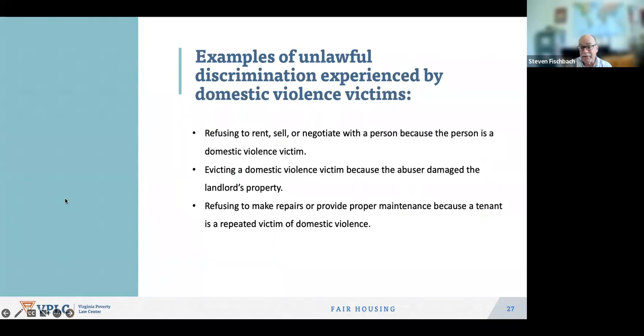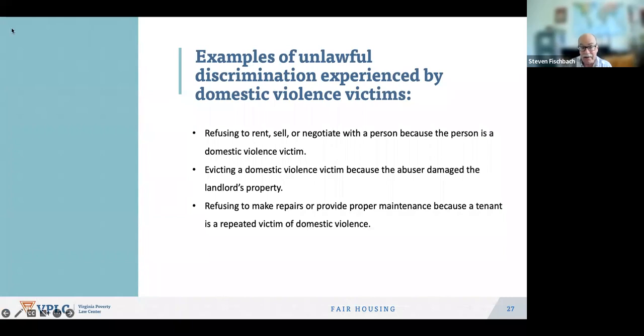So here are some examples of what discrimination might look like against domestic violence victims. First, refusing to rent or negotiate a rental or a sale because the person is a domestic violence victim. Second, evicting a domestic violence victim because the abuser damaged the landlord's property.